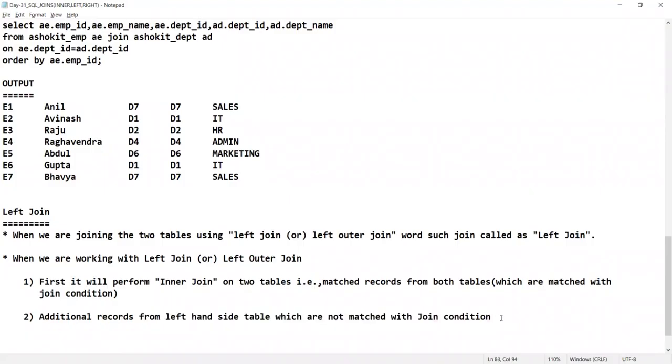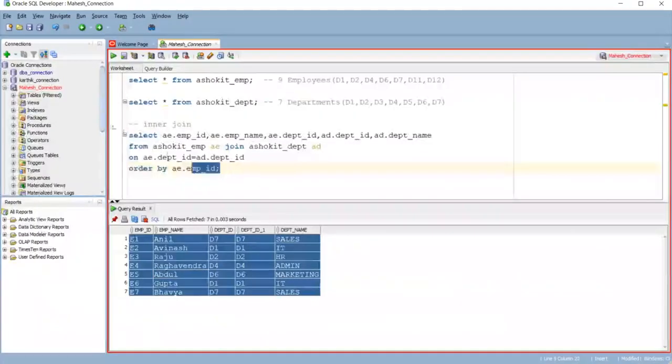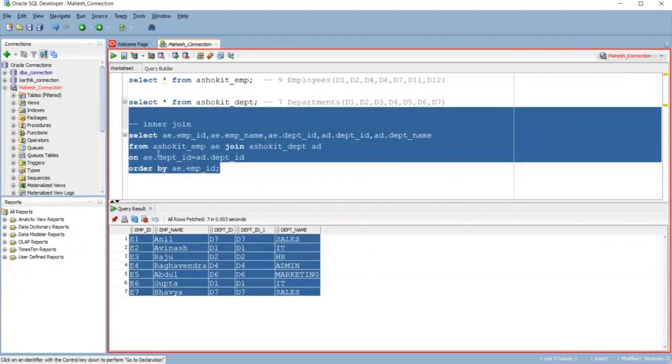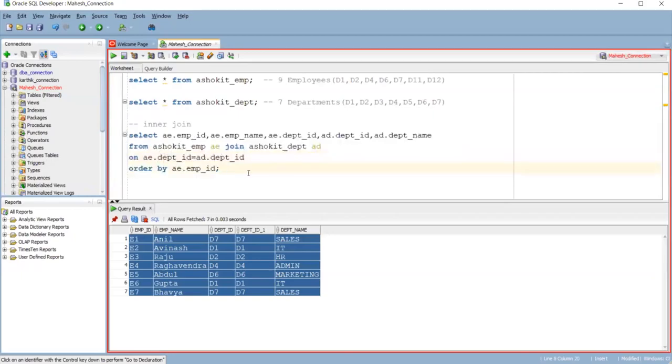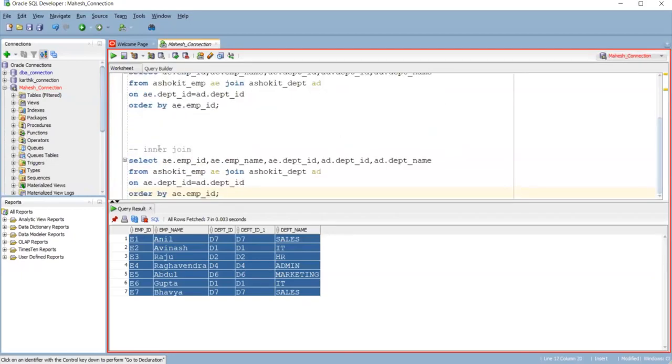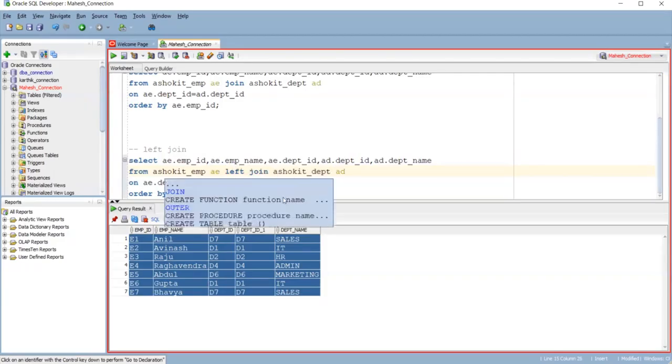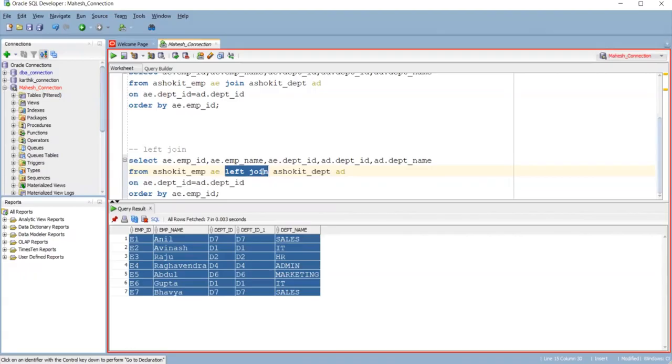Okay. So see, sir, the same query. Here I'm going to join with a left join. So when you are joining two tables with the left join keyword, the left side table data is important.